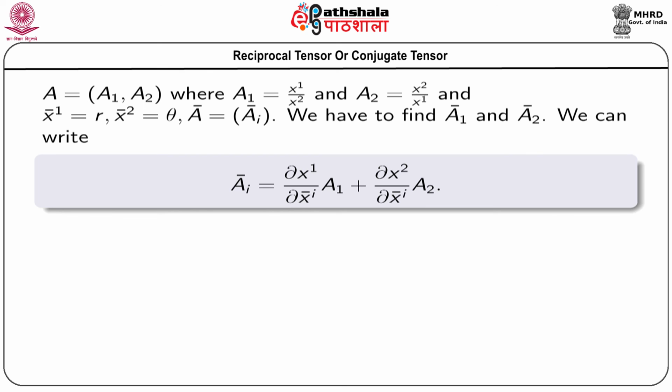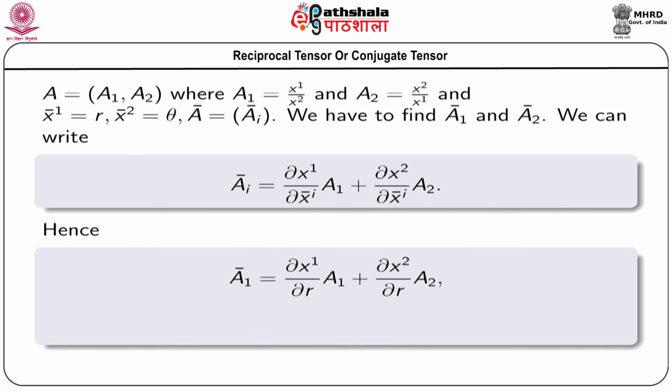So, we can write a bar i as del x1 by del x bar i times a1 plus del x2 by del x bar i times a2. Thus, a bar 1 can be written as del x1 by del r times a1 plus del x2 by del r times a2, and that is cos theta into cot theta plus sin theta into tan theta.